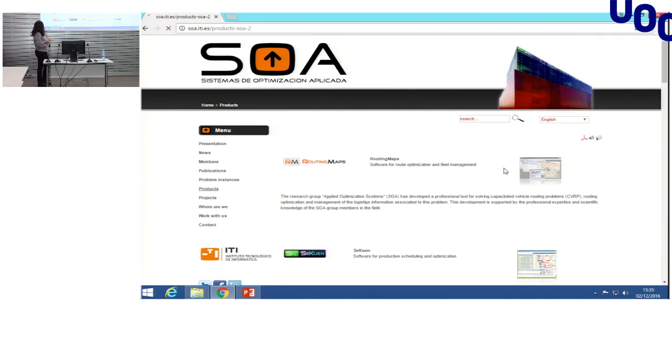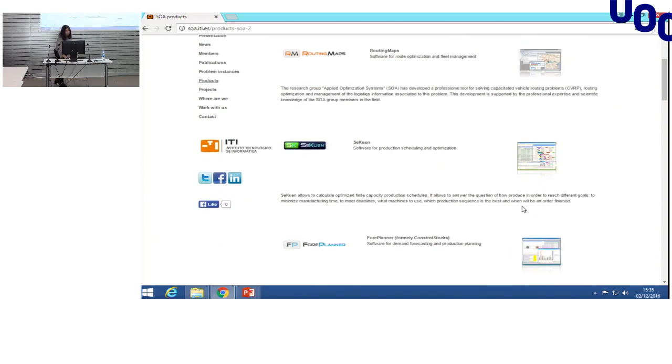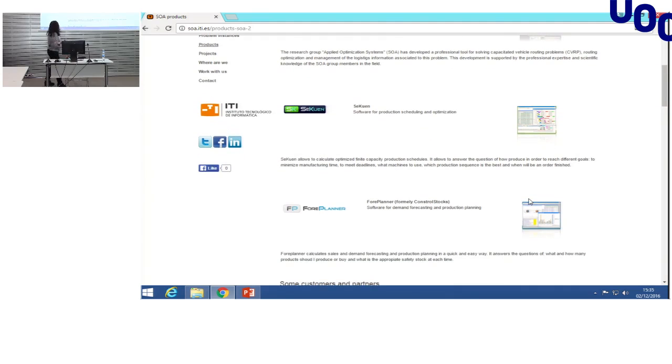Routing Maps is a software for route optimization, and Sequen is a software for production scheduling and optimization, and ForPlanner is for forecasting demand and production planning. So these people who are working in the institute are mainly working in these 3 products, the products for companies.